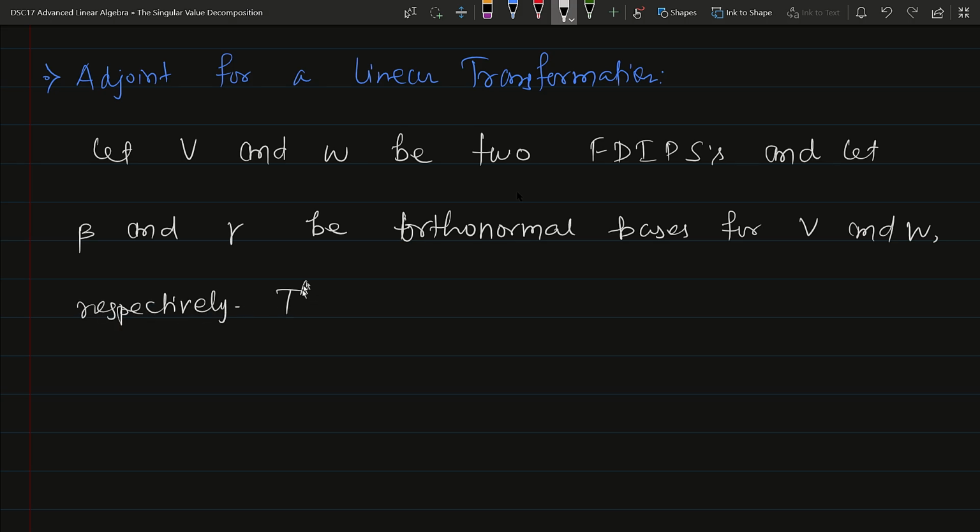Okay, then in that case we can always consider the matrix representation of a linear operator. So suppose we have a linear operator, let T be a linear operator from V to W. Okay, linear transformation.